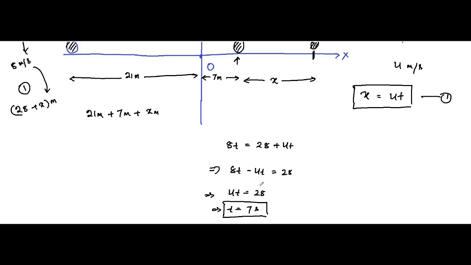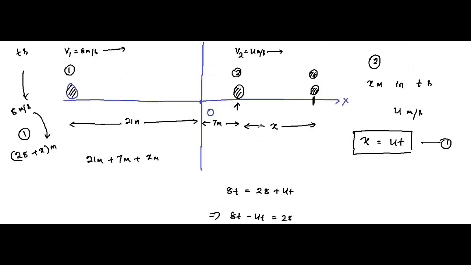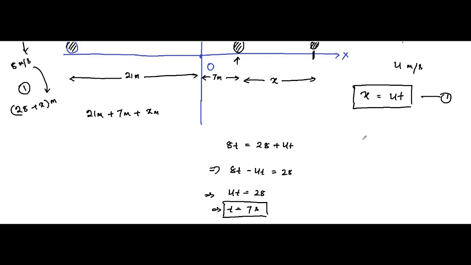And where will they meet? Here in those 7 seconds, particle 2 will cover x, which is equal to 4t, which is 4 into 7, which is equal to 28 meters. This x is equal to 28 meters, which is basically 28 plus 7 meters, 35 meters from the origin.